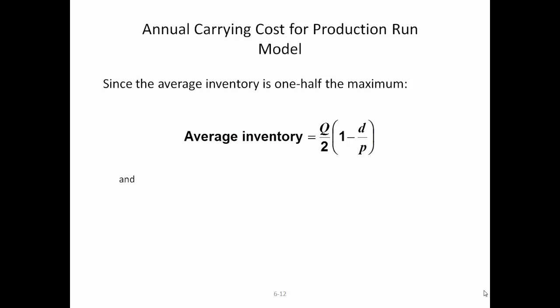And since the average inventory is only 1/2 the maximum, we come up with the formula for the average inventory, Q divided by 2. Then again, to find the annual holding cost, we take Q and divide it by 2 and multiply it times 1 minus the demand over the production rate, times the cost for holding.